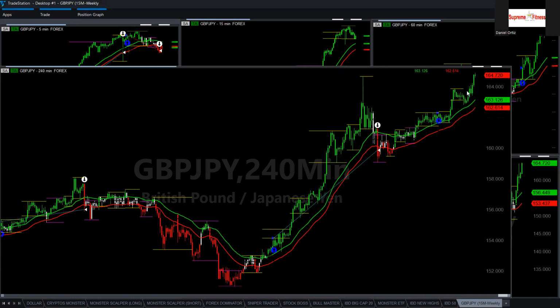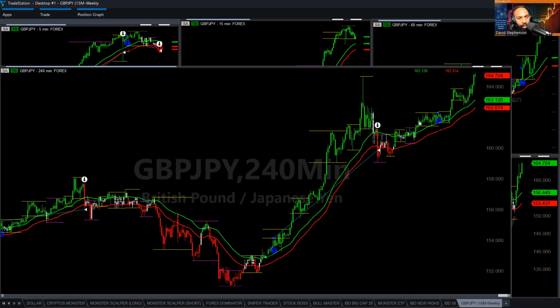Yes, we're overbought here. What's telling us that we're overbought? There are no red candles, no consolidation candles. There's some resistance, but I don't know if that means that we're not overbought.